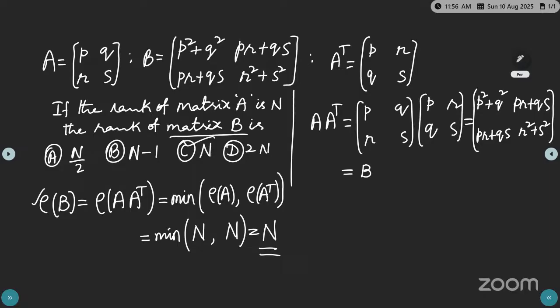A little bit of observation gives you marks in GATE and leads you to repeated jobs in public sector undertaking companies. That observation is very important. Not only finding the rank directly by the echelon form or the normal form, but simple application.